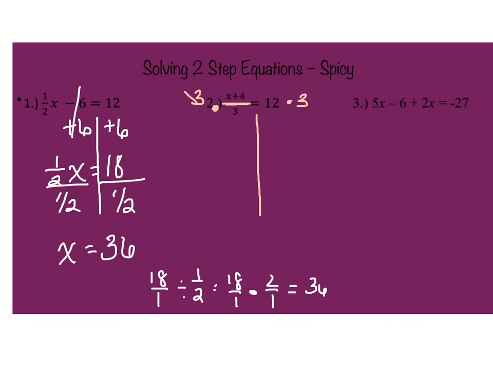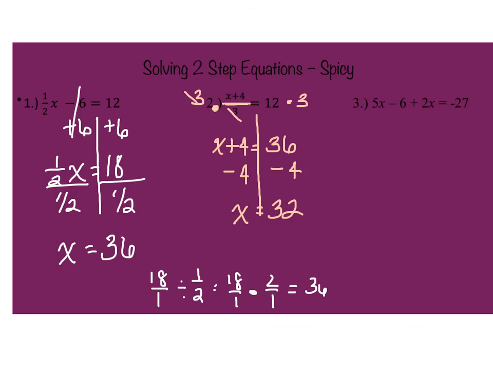So these 3s, since I did the inverse, are going to cancel out, and I'm left with x plus 4 equals 12 times 3 is 36. Now I have x plus 4, so I'm going to subtract 4 on both sides, and I get x equals 32. That was a tricky one, so if you got that right, that's awesome.